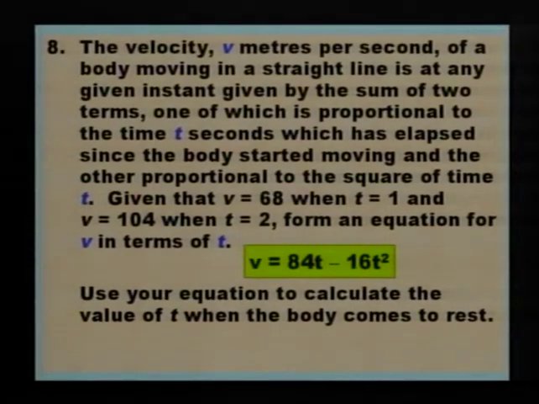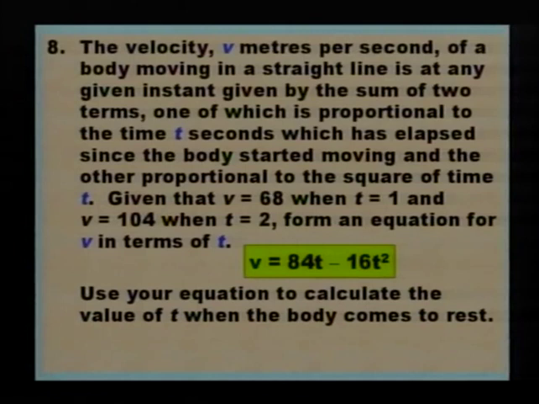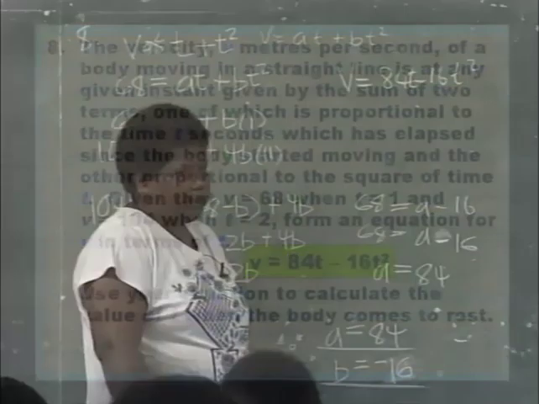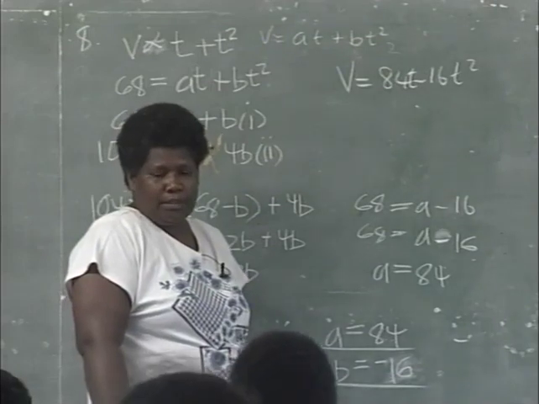And then it says, use your equation to calculate the value of T when the body comes to rest. When the body comes to rest, what does it mean? It stops, okay? So V is equal to 0.